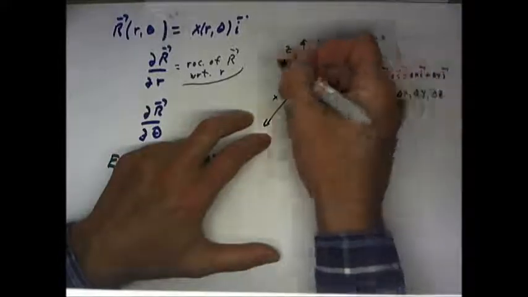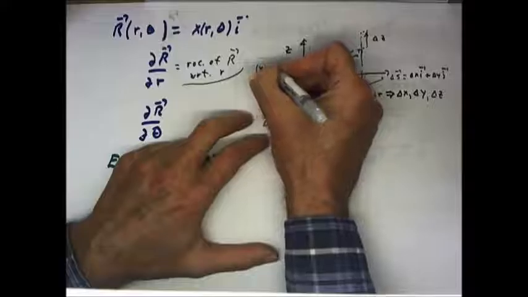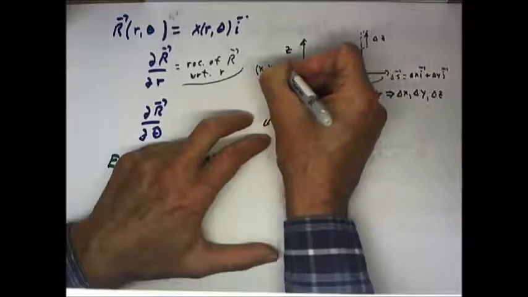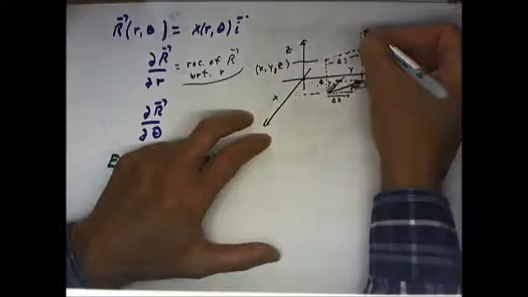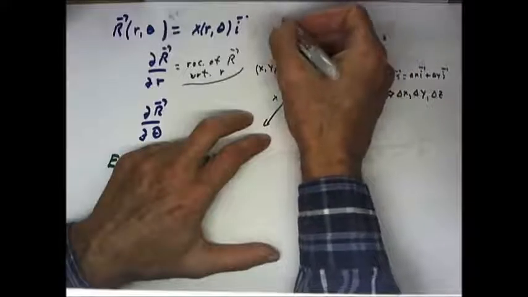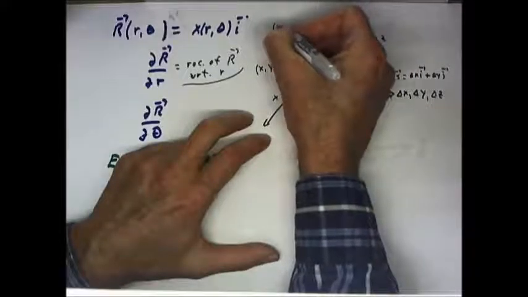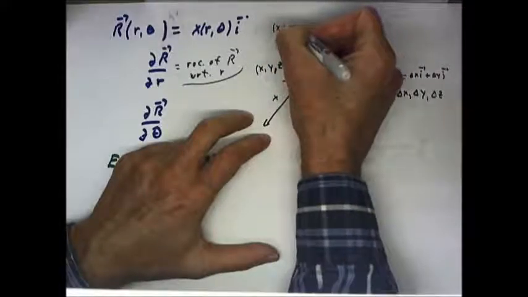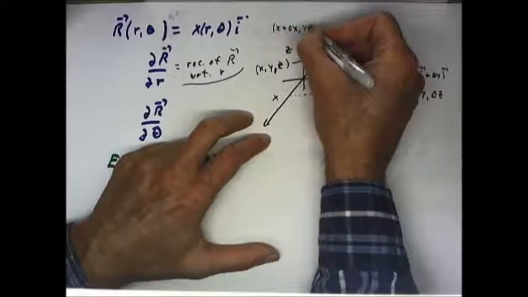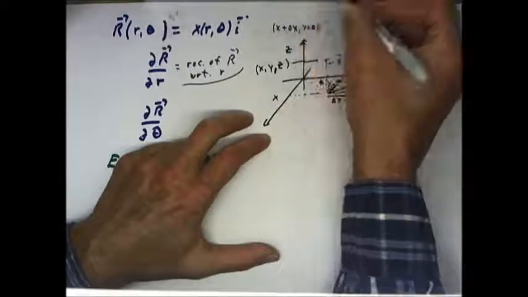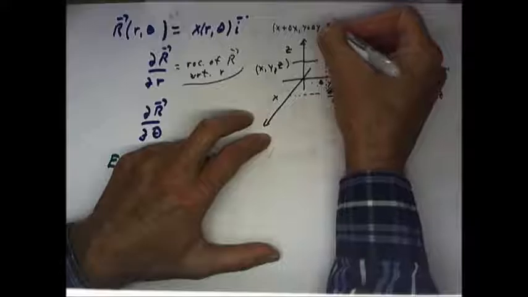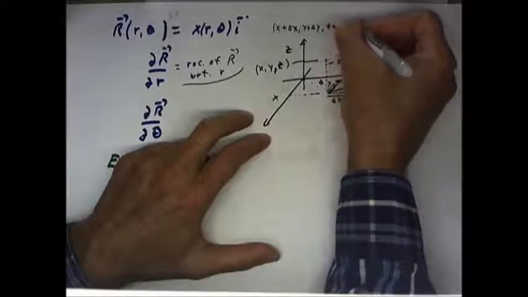So the coordinates of this point are x, y, z, and the coordinates of this point are x plus delta x, y plus delta y, z plus delta z.